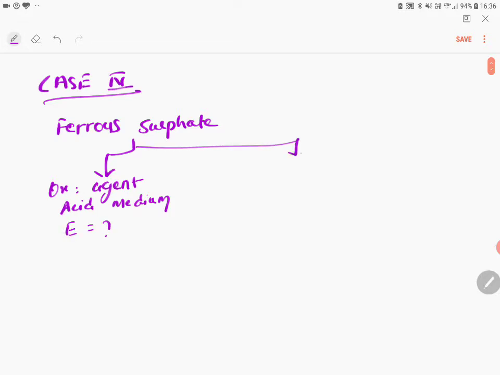At the same time, as a reducing agent, once again in the acid medium, what is the equivalent mass?